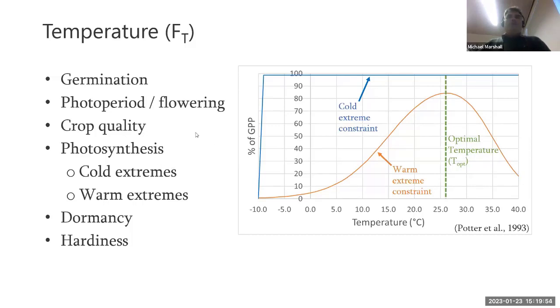So other factors that go into this are crop quality. The photoperiod, as I said, is very limited in these models, but it's sometimes accounted for. Dormancy and hardiness also are important factors, but often not accounted for in these types of models. And so what do we mean by dormancy?